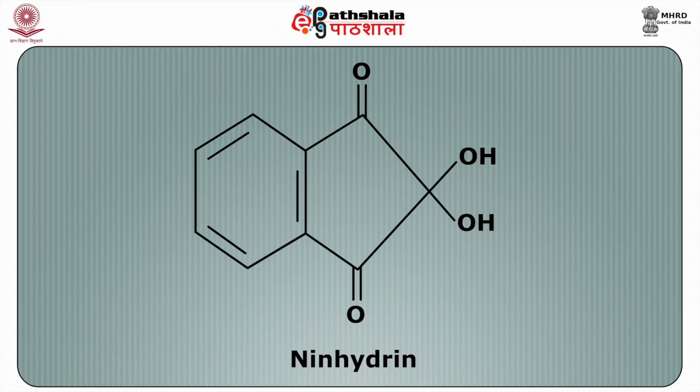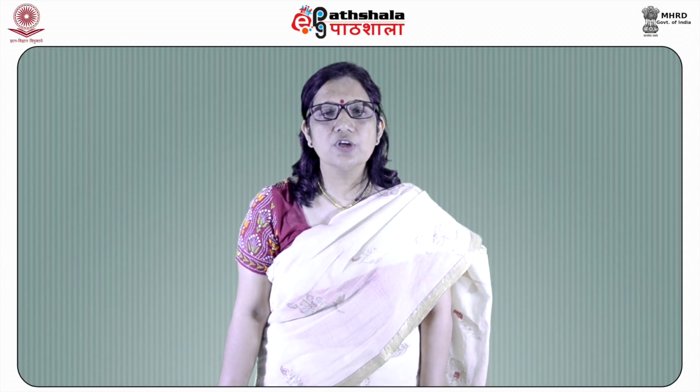Reaction with ninhydrin: the amino group of free amino acids or the N-terminal of proteins reacts with ninhydrin reagent to give a purple color complex. This is a very sensitive test and it is used to detect the presence of free amino groups. Reaction of the carboxylic group: decarboxylation.